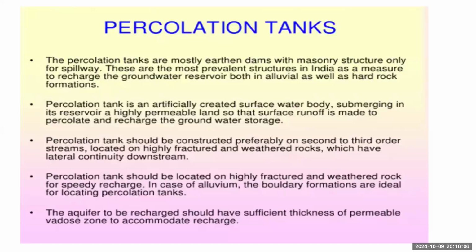A reservoir is created. Now, as this dam is constructed and water is stored up to a certain elevation, if the water level exceeds this particular elevation, which may be considered the maximum water level in the tank, then that excess water should be drained out from the reservoir.